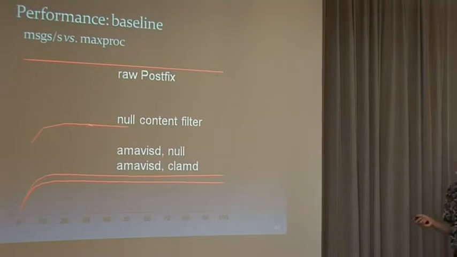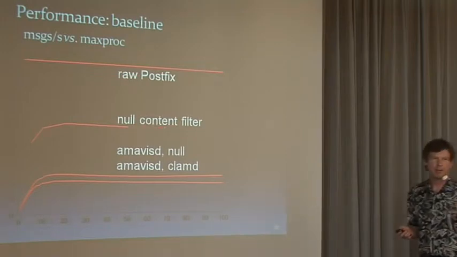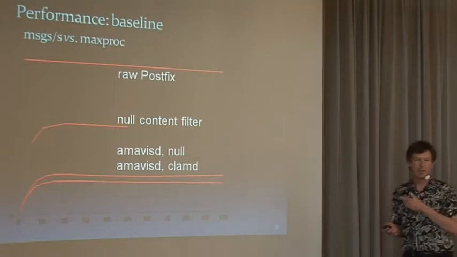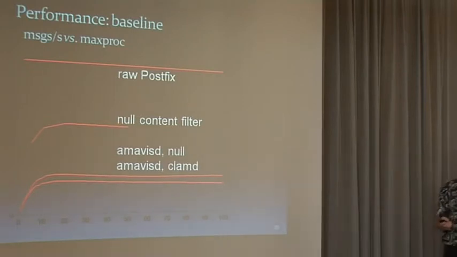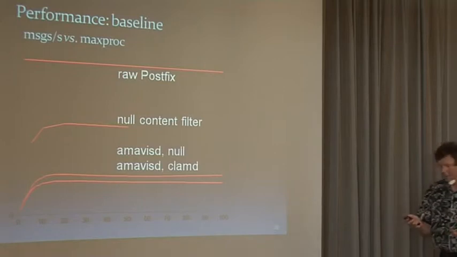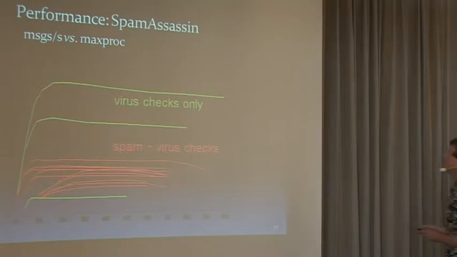If you set up this configuration, postfix talking to itself, passing each mail twice through the system, of course the performance automatically drops to about half. Adding Amavisd without any additional processing drops that to about a quarter. And adding virus checking is not too bad. Okay, this is something we have to live with, but I just want to give you the rough idea.